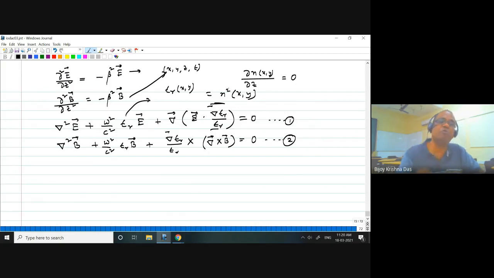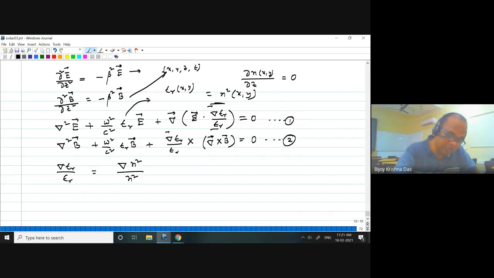You know what the refractive index profile is. That is given to you, that is known. That can be technology dependent, but of course, it is your technology, so you should be knowing that. Now if I try to find the value of this one, I can write something like this, right?